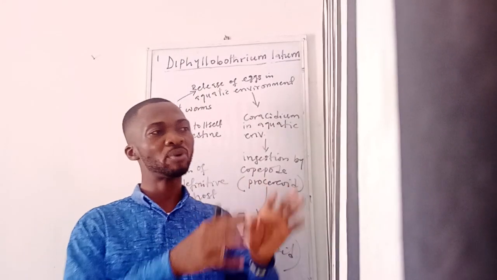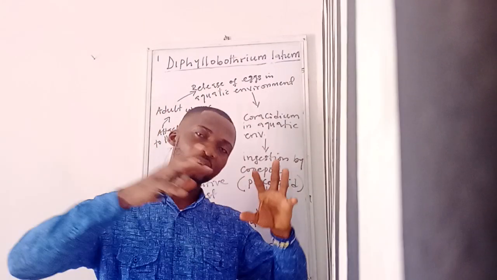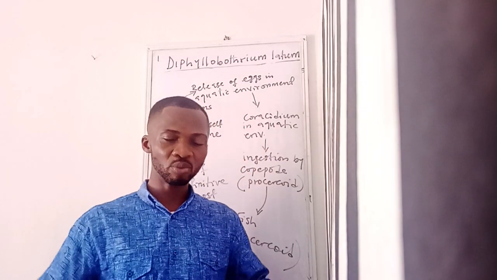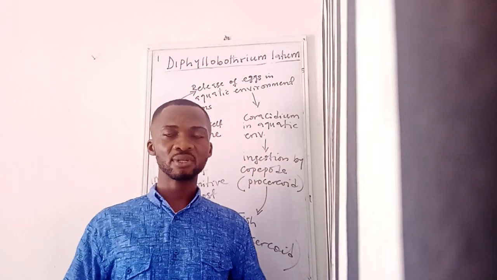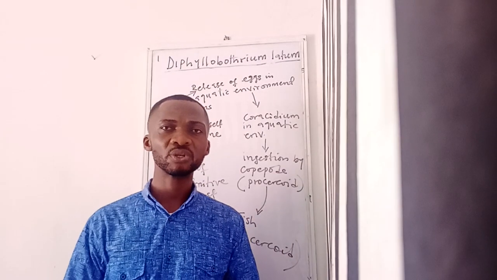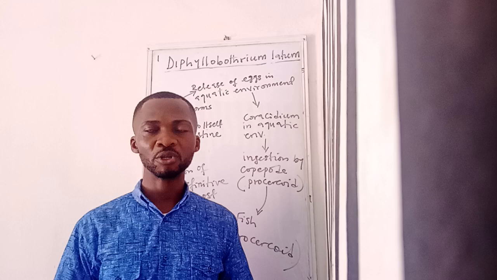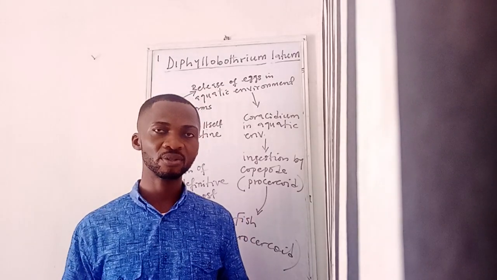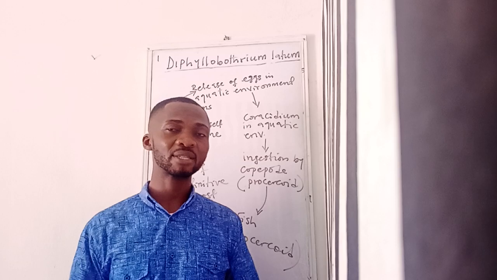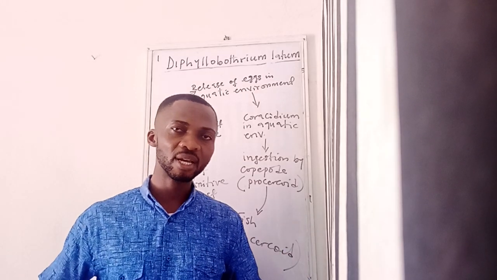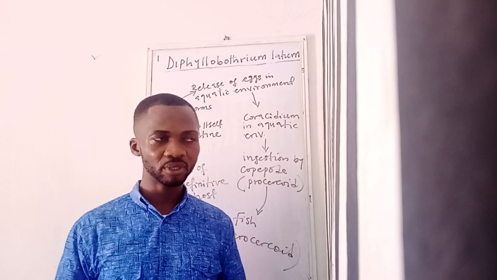So that point within the intestine, the mucosa, where the botria attach to the wall, may suffer irritation, injury, or even inflammation, or even necrosis, resulting in secondary bacterial infection. That is what happens within that part of the body.